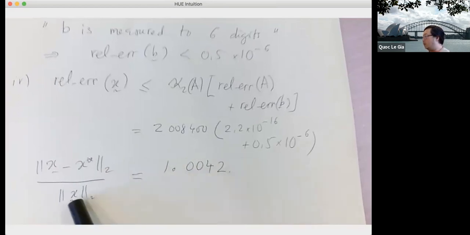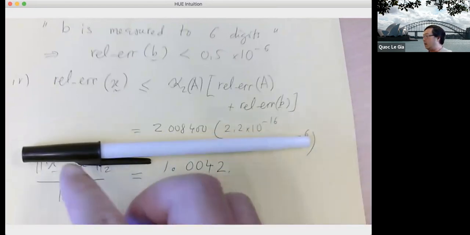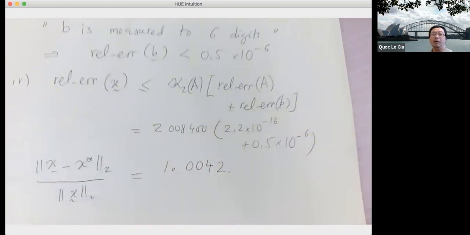When you cross multiply, you get 1 multiplied by the length of the vector X. Like if I try to measure the length of my pen and the error is the same size as the pen, that's very big. Nobody will use the results. So the condition number of the matrix plays a very important role here. If you have an ill conditioned matrix, then the solution doesn't have any accurate results.